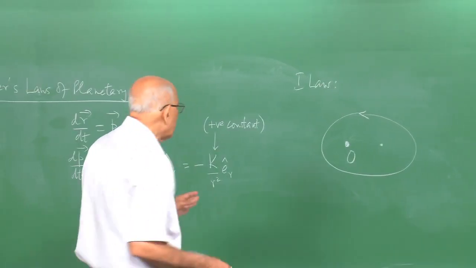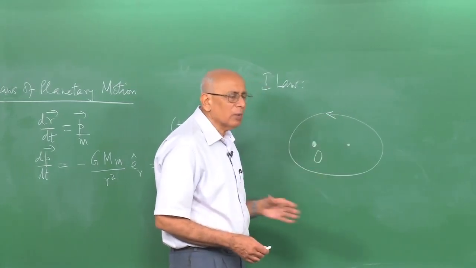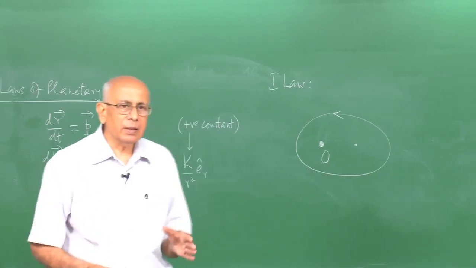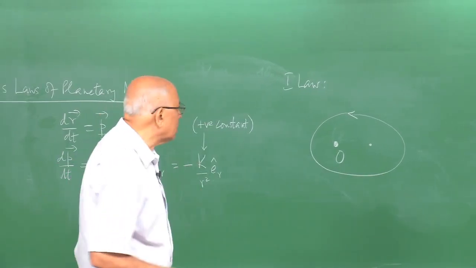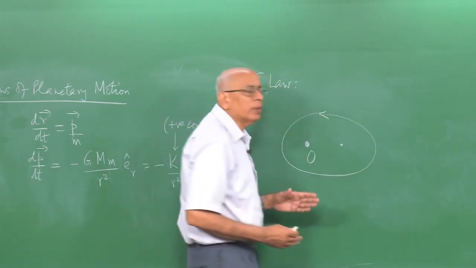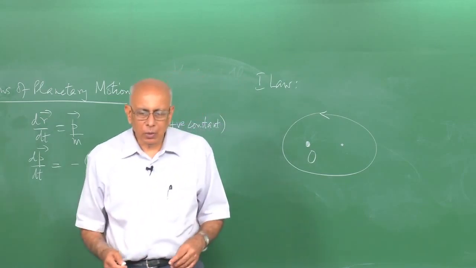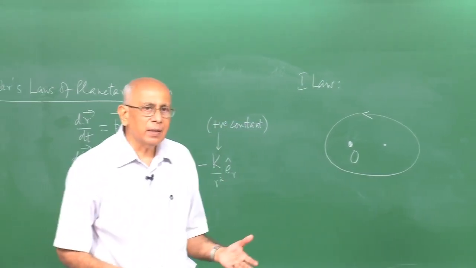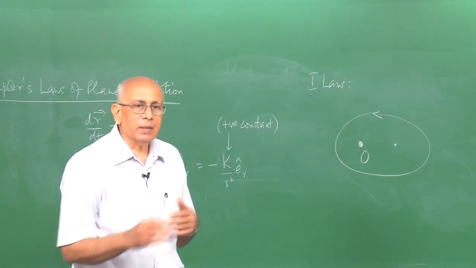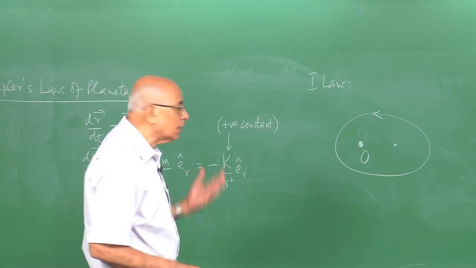However, in this particular instance, it turns out the planets have elliptic orbits with undoubtedly small eccentricities as it happens, but nevertheless they are ellipses. And in principle, the eccentricity could be arbitrary. After all, we do know of comets which have highly eccentric elliptic orbits. We know of artificial satellites which have extremely eccentric orbits, a very large semi-major axis, a very small semi-minor axis, and yet it is in a stable orbit around the Earth.